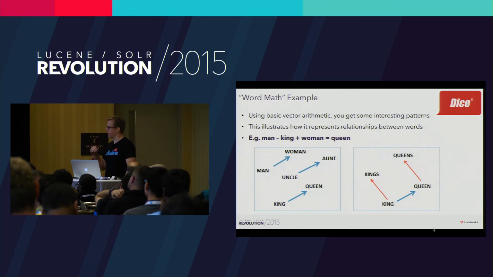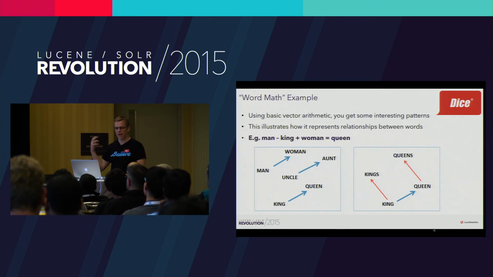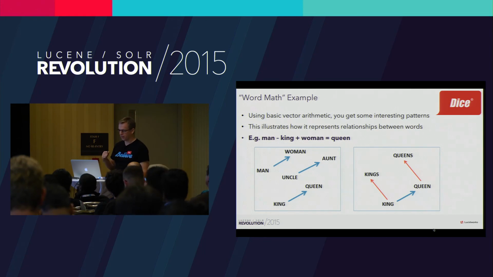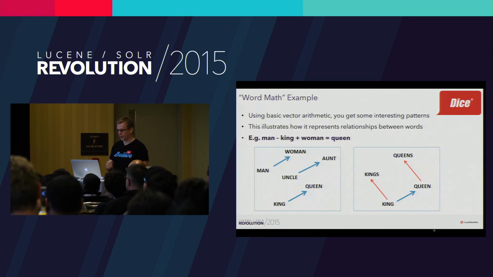One of the interesting things people found when they trained this model is you could do what I would call word math. This is a little crazy, but supposedly this worked when they trained it on a large data set, something like Wikipedia.